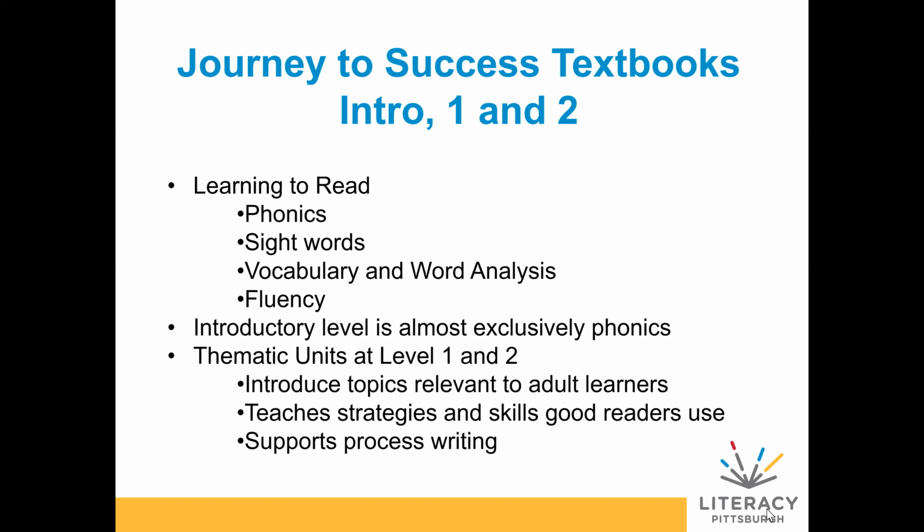So the Journey to Success intro focuses almost exclusively on phonics. At levels 1 and 2, it starts to introduce topics relevant to all adult learners, and it teaches strategies and skills that good learners use. It also supports process writing, which is the term we use for repeated writing of a text.